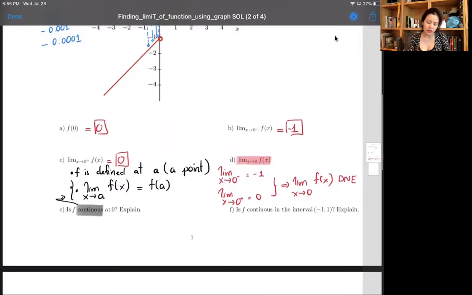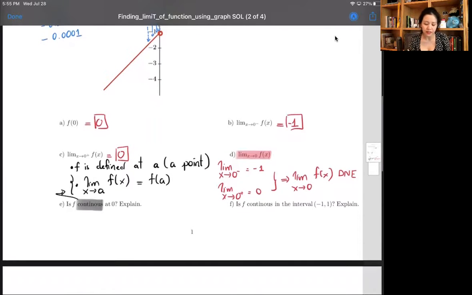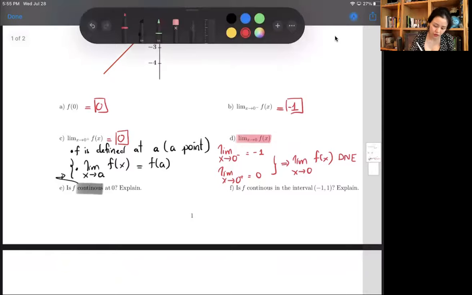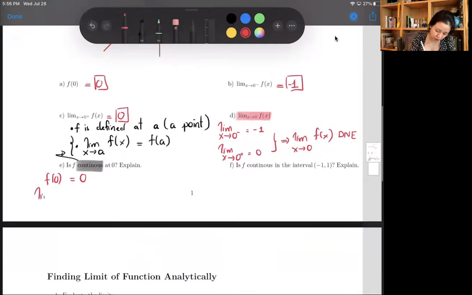This problem asks if f is continuous at 0. So the point here is 0. What's f of 0? We know that f of 0 equals 0. Now, we have to check that the limit as x approaches 0 of f of x is equal to 0 also. Is it?